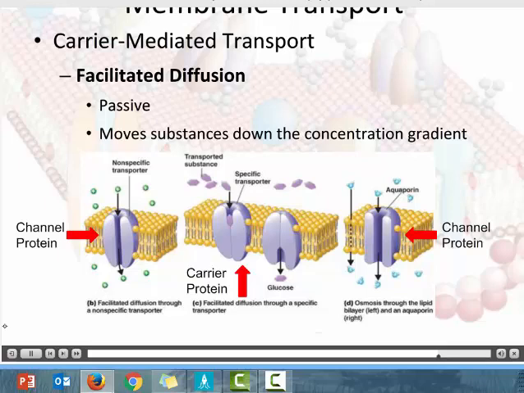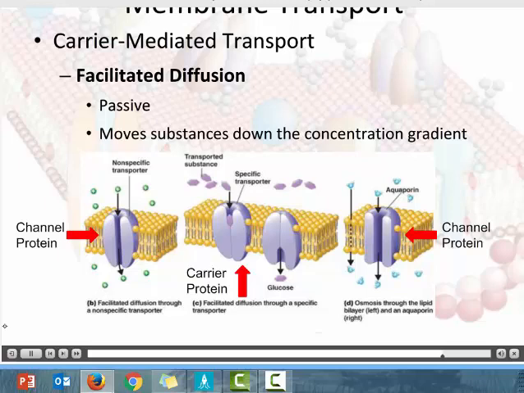Carrier proteins are going to transport molecules that are too large to fit through the membrane by itself. This is still going to be passive transport, so we are still moving substances down their concentration gradient.